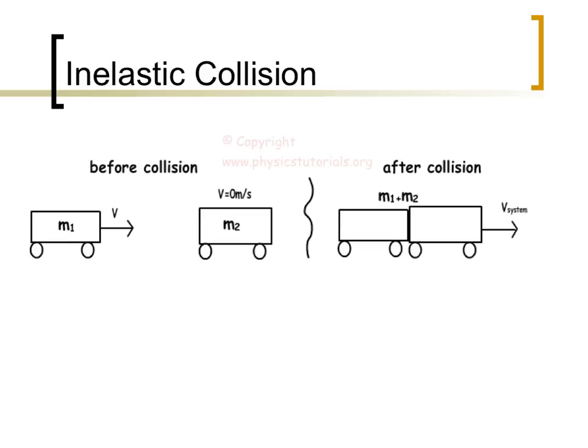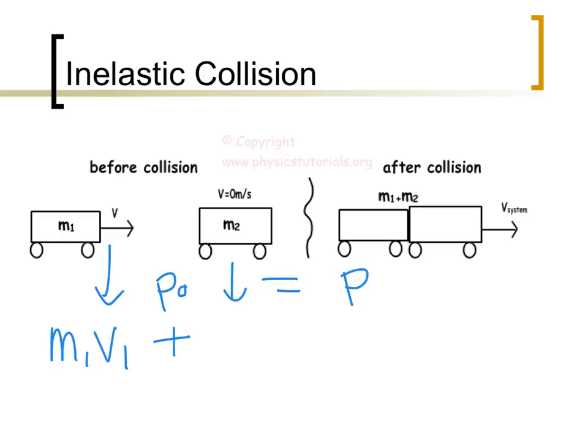Before the collision, we have some momentum, which is equal to the momentum after the collision. But let's put in MVs and M1s to make more sense. So in our equation, we have M1 and V1, which represents this car, and then we have M2 and V2, the velocity and mass of the second car.